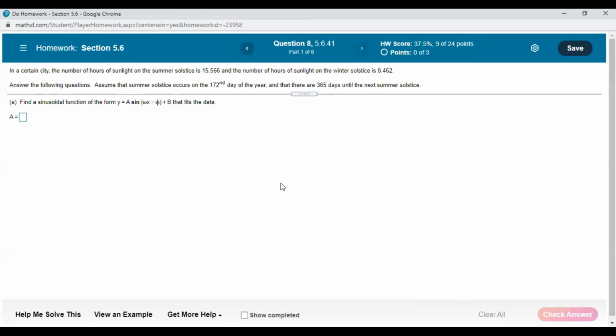Okay, so here what we have is a similar question to that Boston business. And so the way we would go about it is use the max and the min to find the A and the B, and then use the shift and the period to find the omega and the phi, and then you would just proceed.